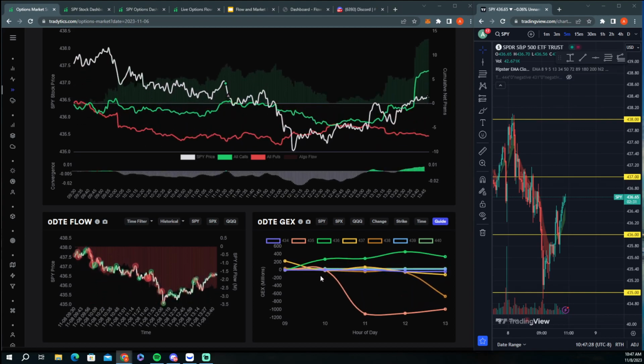So once we saw that huge spike down on that 435 gamma exposure level, that would have made me go maybe a little bit more aggressive in my contracts, just because of how the data was reacting. I normally always buy 20 contracts no matter what, but that can fluctuate depending on how confident I am in the move. Good question.